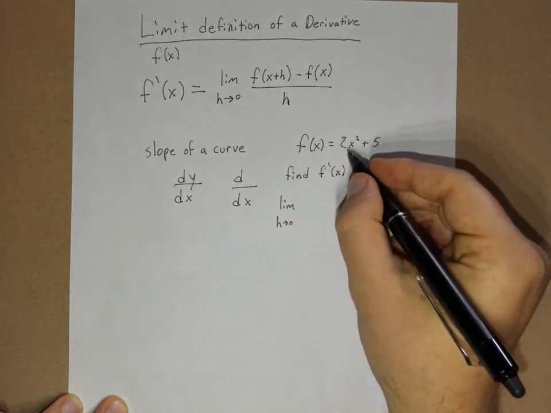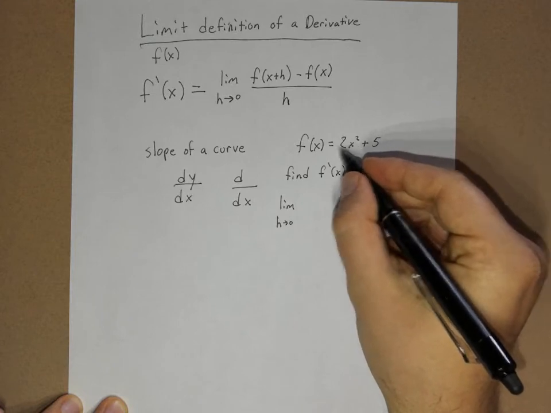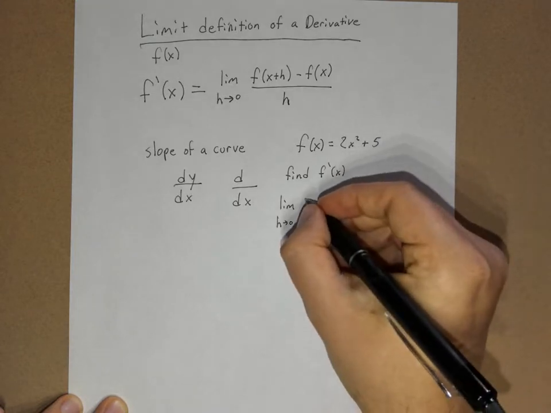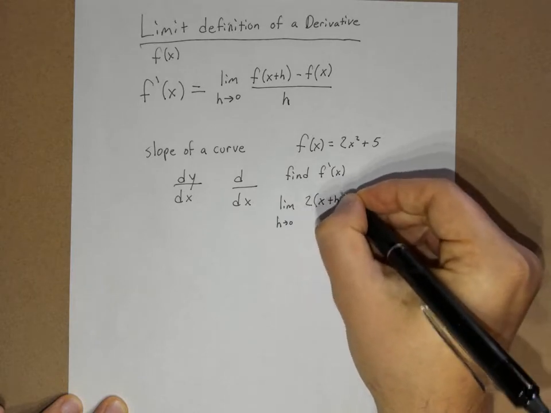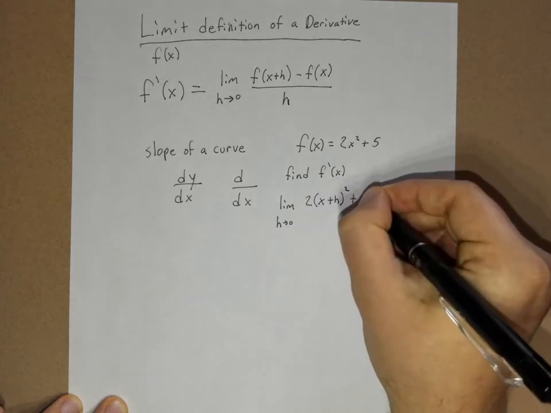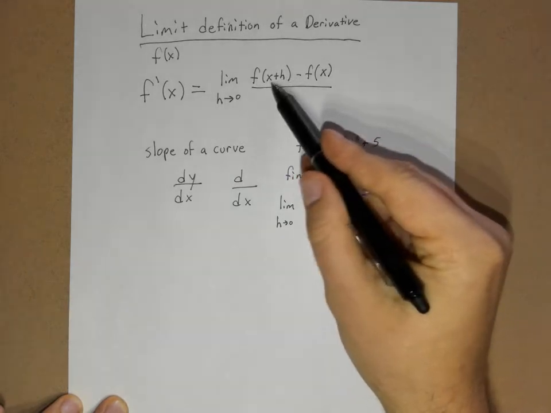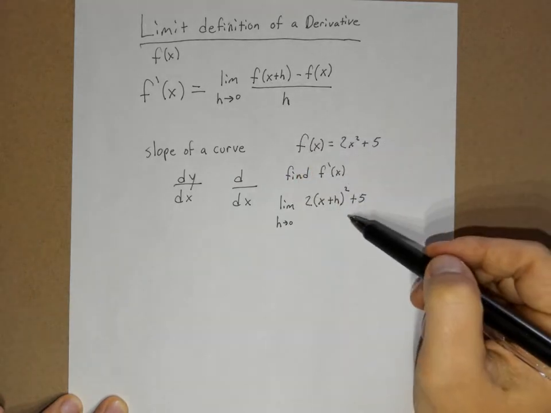I'm going to substitute an x plus h into my original equation, so that'll look like 2 times the quantity x plus h squared, plus 5, and that represents my f of x plus h.